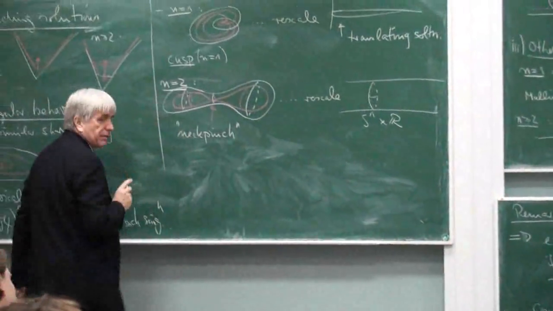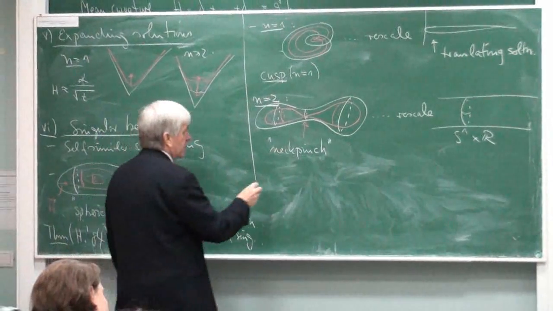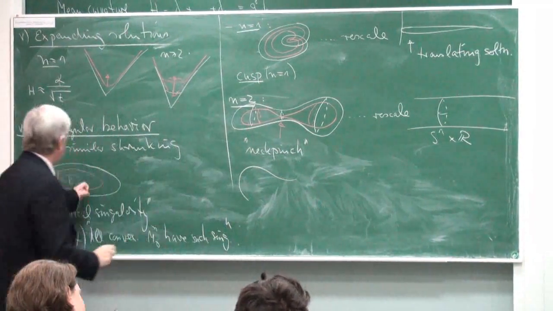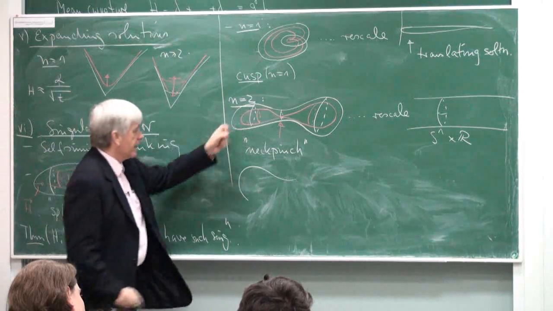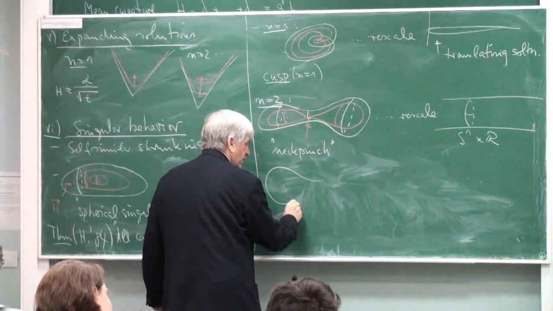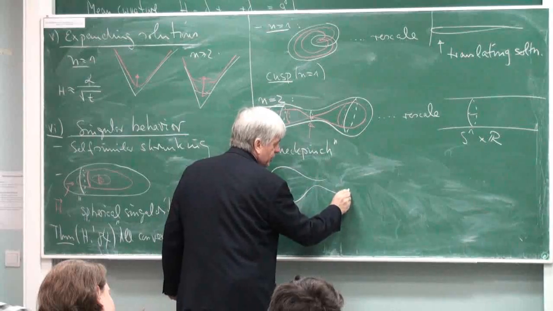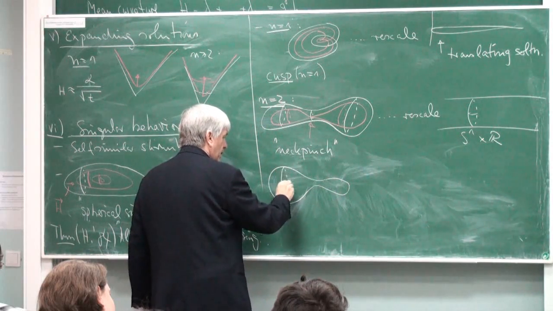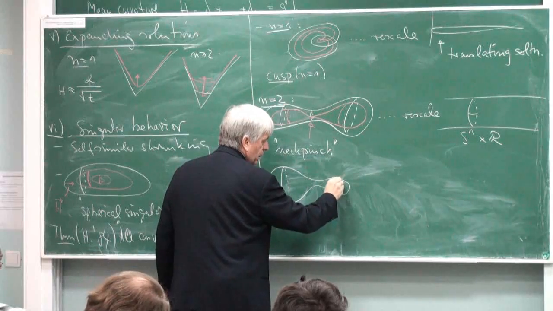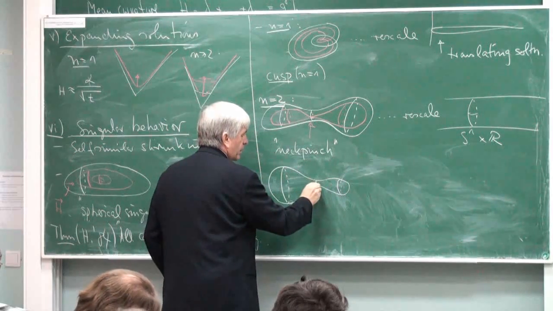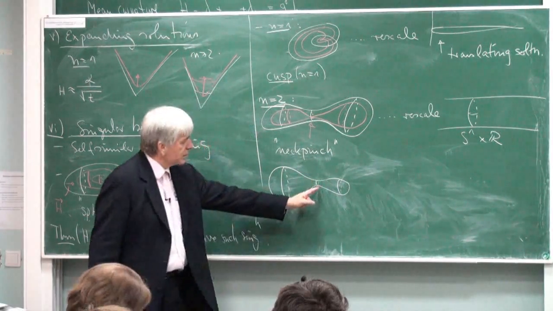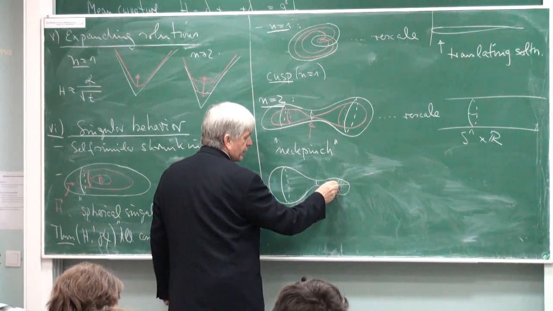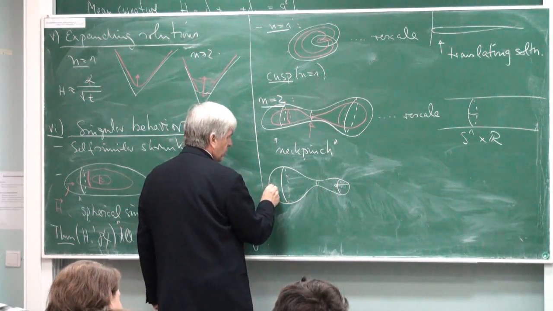Now, something very nasty can also happen. Namely, if you now draw an initial surface which is somehow in between this picture and that picture. So if you draw something which has just a small bubble here, then it wants to do the neck pinch, but on the other hand, this one wants to move in very fast, and this one only moves in a little bit.